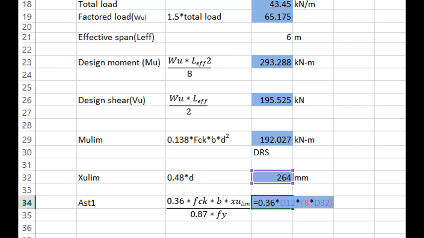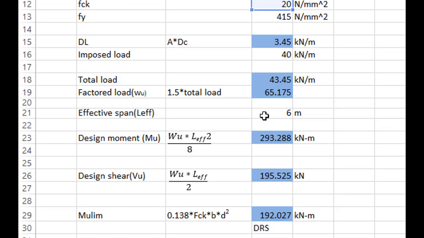So let me put a bracket to this so that we avoid the confusion, and then divided by 0.87 into Fy is here.